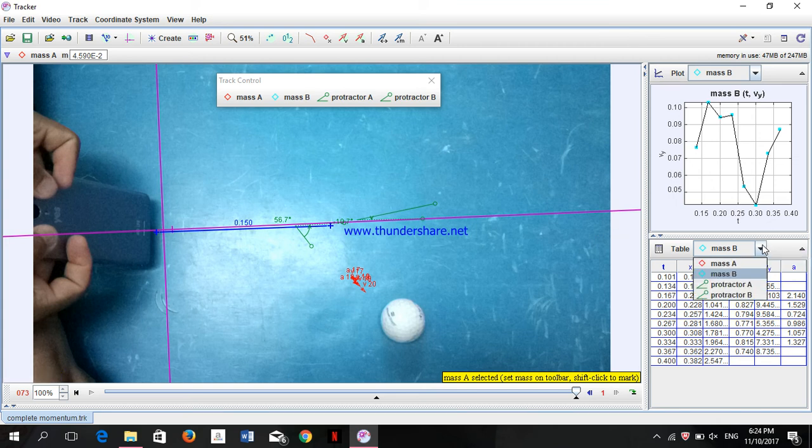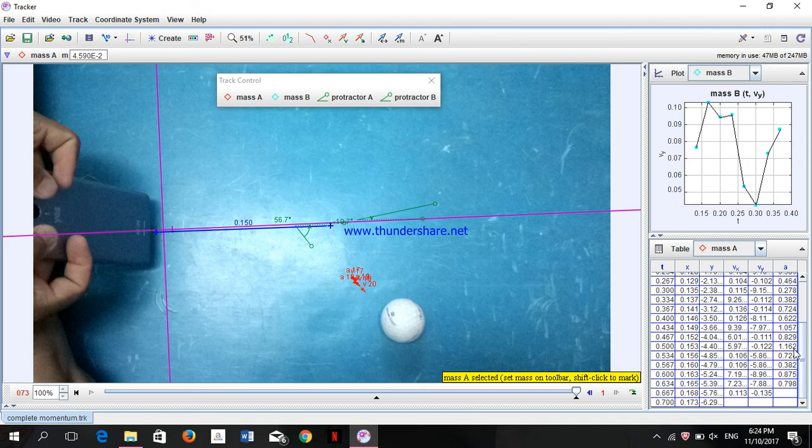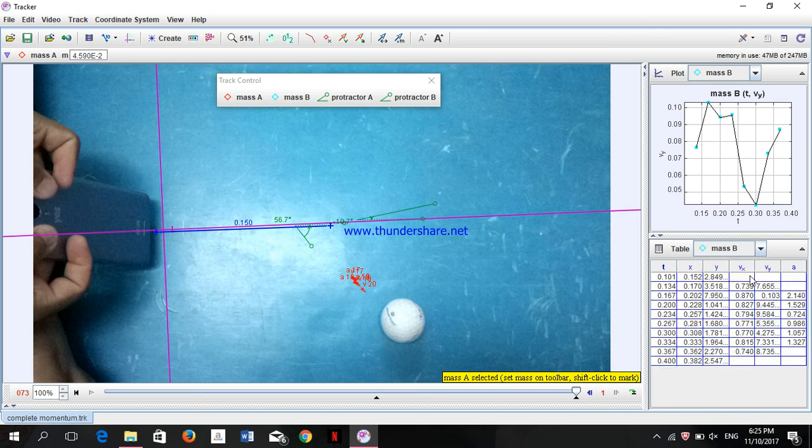From this information, we can get the acceleration of ball A before the collision, which is 1.057 meters per second squared, and after the collision, the acceleration of ball A is 0.798. For ball B, it starts from rest and the acceleration is 1.327 meters per second squared.